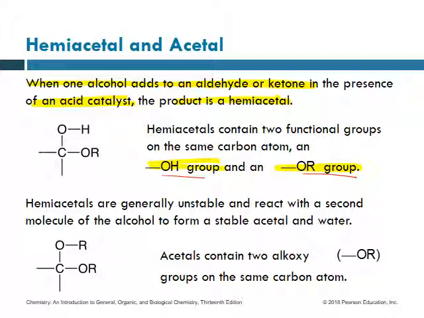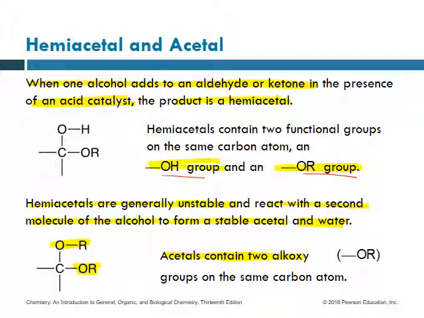Okay, but these hemiacetals are very unstable. You can't separate those. Usually they would react with another molecule of alcohol to produce acetal. Okay, so hemiacetals are generally unstable. They would react with the second molecule of alcohol to form a stable acetal group and water. And what do acetals consist of? Acetal basically consists of two OR groups on the same carbon.